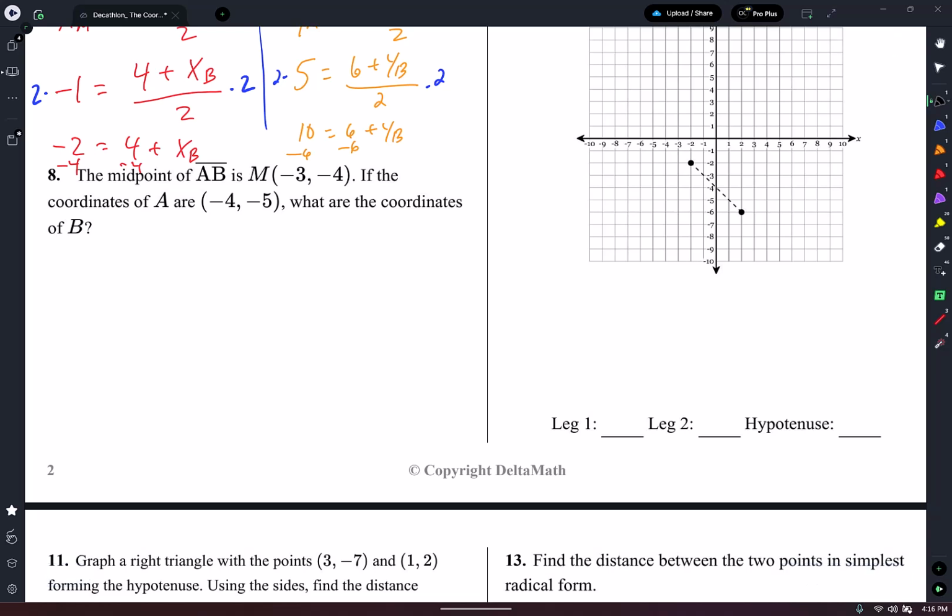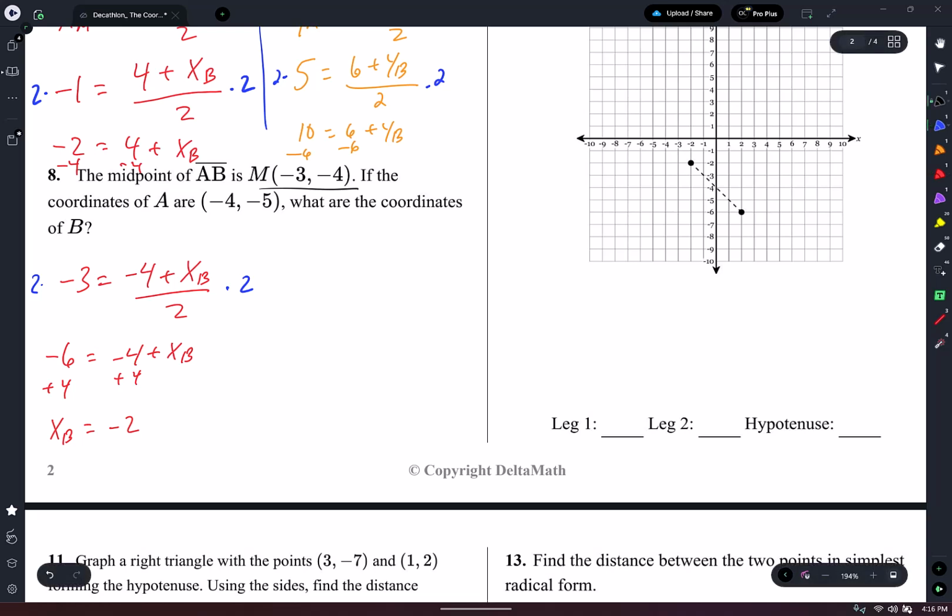We're doing the same thing for number 8, guys. Nothing crazy. They told us the midpoint. So here we go. I'm going to go negative 3 equals negative 4 plus x of b, divided by 2, times 2, times 2. So I think we're warmed up. So now I think we can do it pretty quickly. Negative 6 equals negative 4 plus x of b. Add 4, plus 4, plus 4. So x of b equals negative 2. Are we okay? Okay. All right, here we go. Here is the y one.